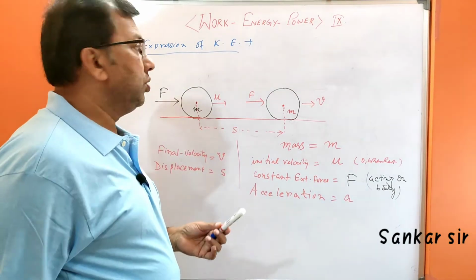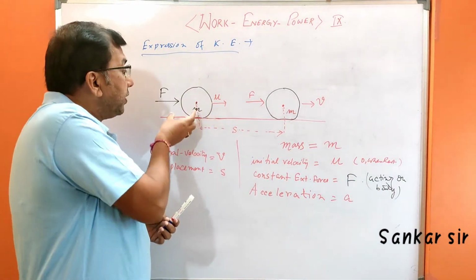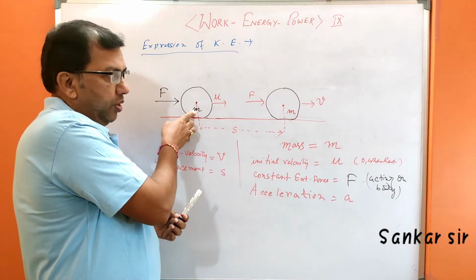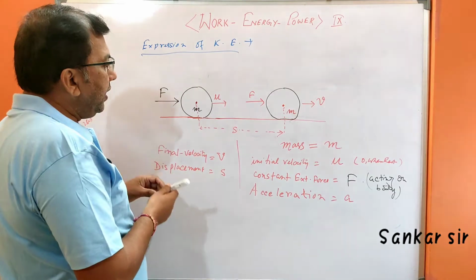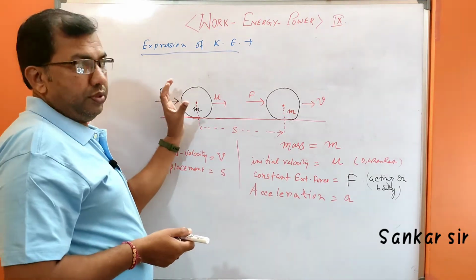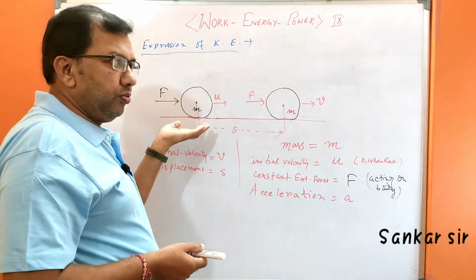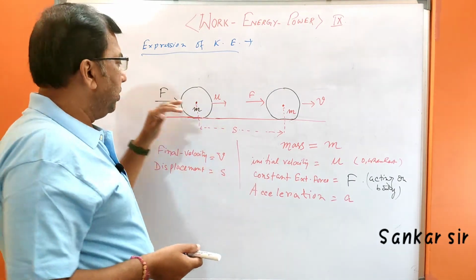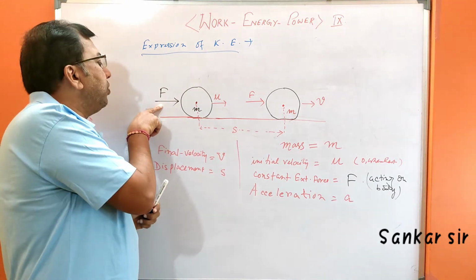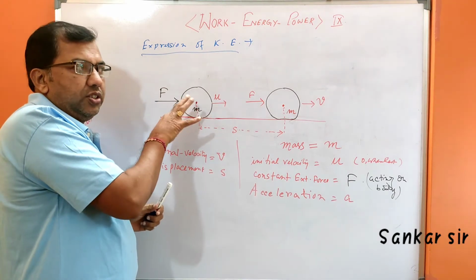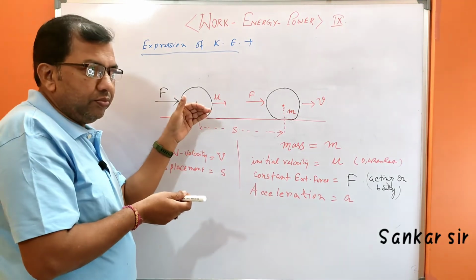Suppose there is an object whose mass is m, and the initial velocity of the object is u. At rest, u equals 0. When a constant force F is applied, the object will move.